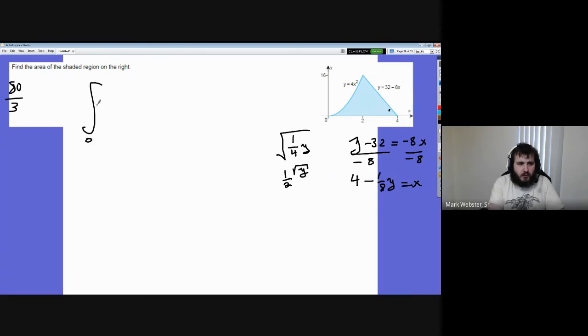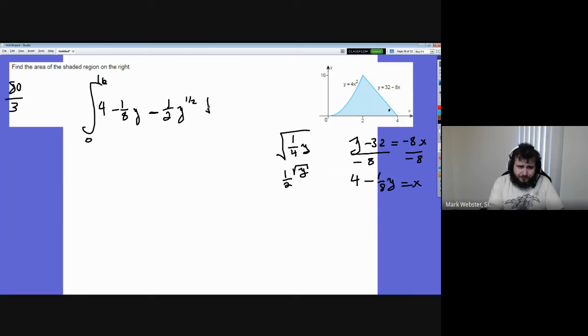And then our integral goes from 0 to 16 because we're going on the y value, right? Of top minus bottom, 4 minus 1/8 y minus 1/2 radical y. So I'll put y to the 1/2 to make life easier for everybody.